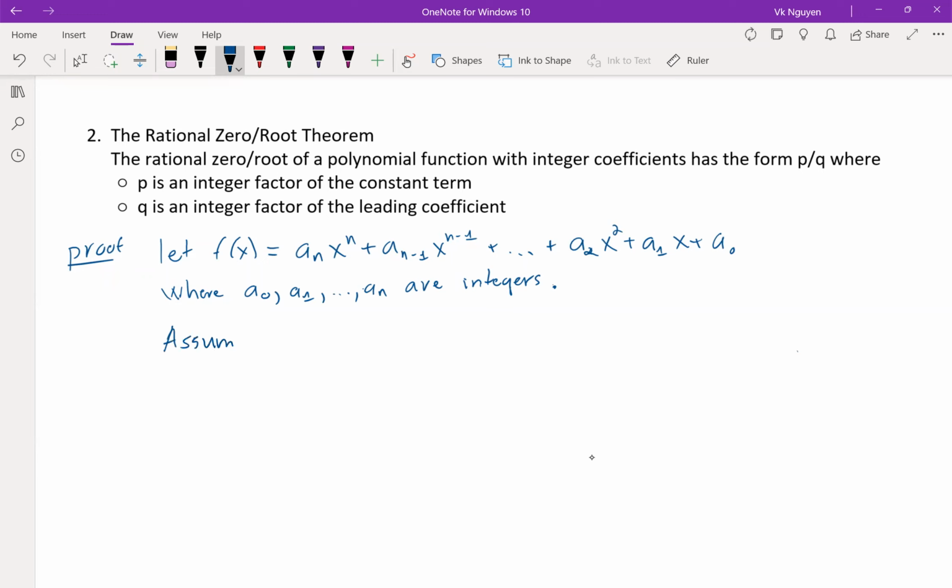We assume p over q is a zero or root of f. Well, if p over q is the zero or root of f, then we have to simplify this fraction, meaning we also assume that the greatest common factor of p and q is 1.